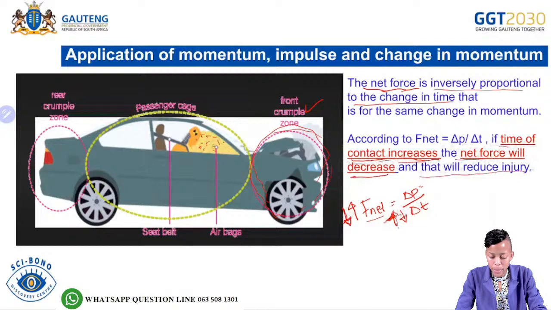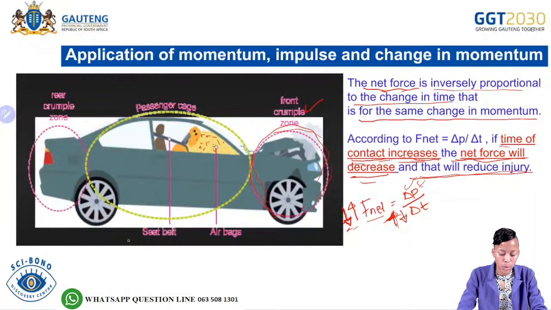So if the airbag increases the time of contact, what is going to happen? The net force will do what? The net force will decrease, and that will reduce the injuries. But we must also not forget this statement to say that for the same change in what? For the same change in momentum.